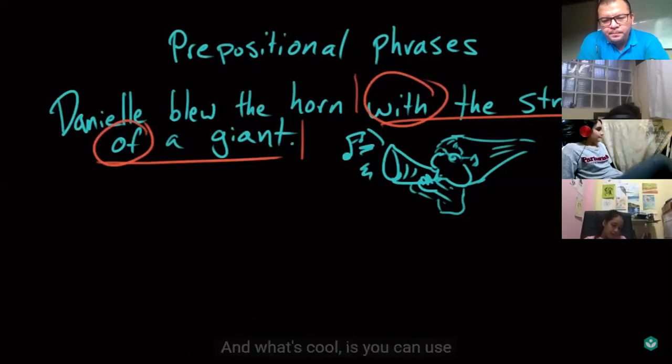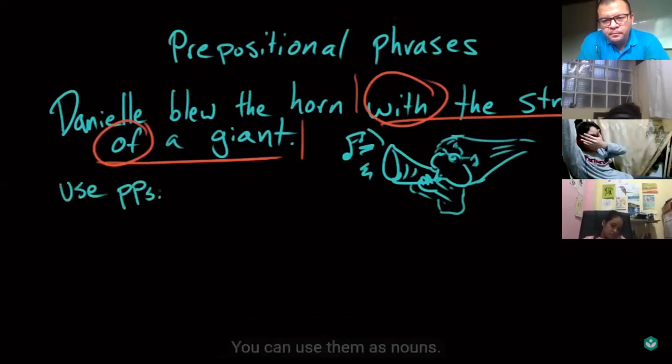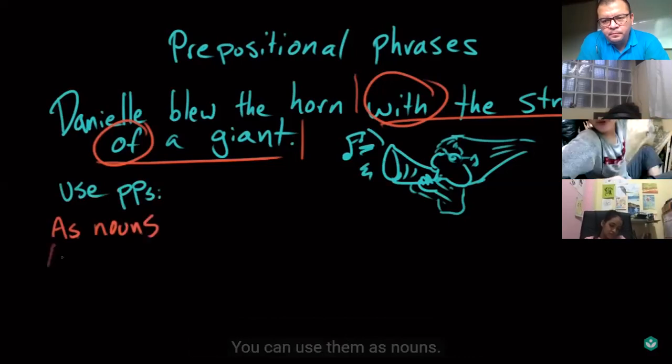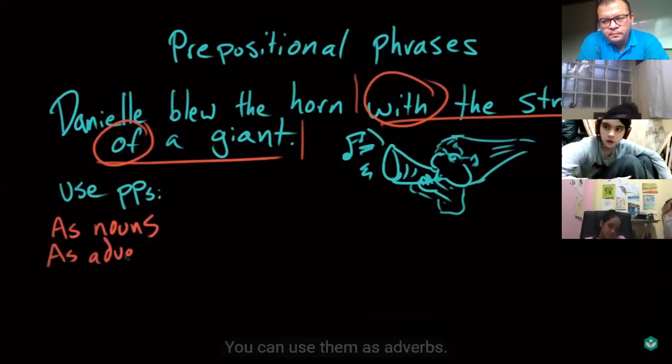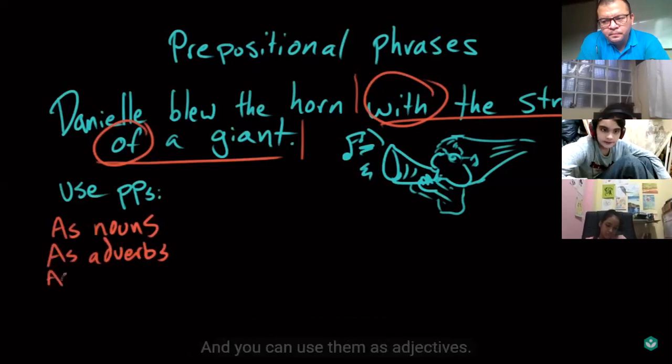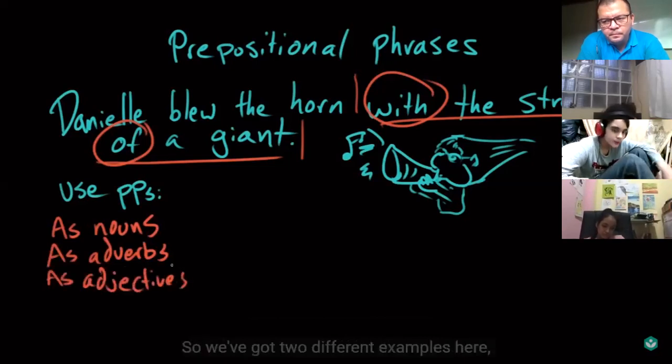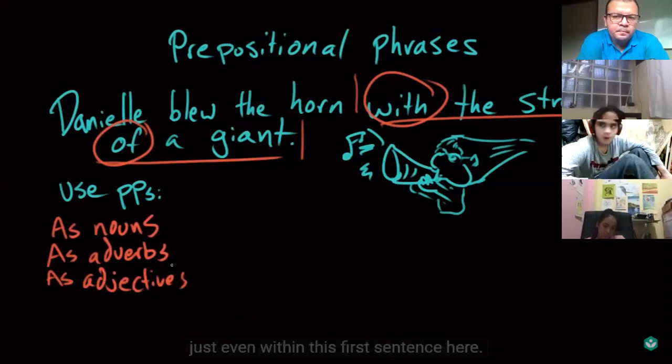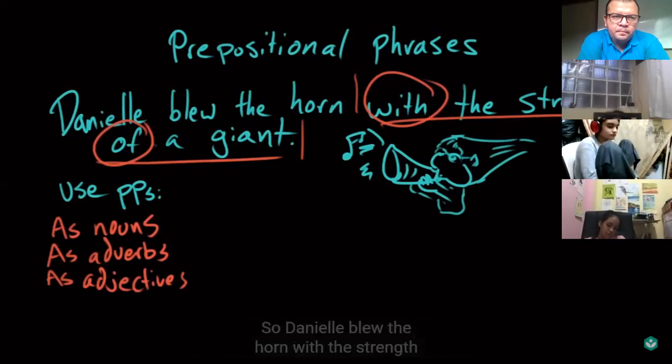And what's cool is you can use prepositional phrases in a couple of different ways. You can use them as nouns. You can use them as adverbs. And you can use them as adjectives. So we've got 2 different examples here, just even within this first sentence. Danielle blew the horn with the strength of a giant.